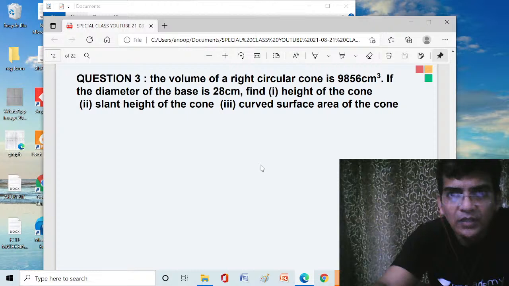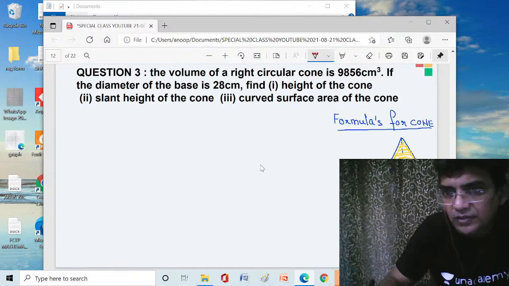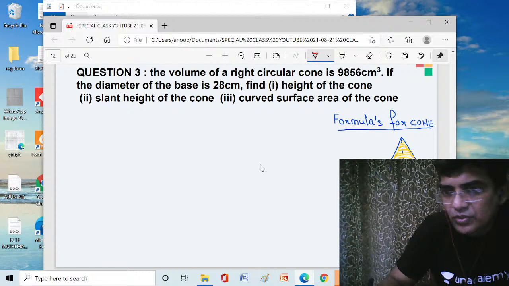And this one is the circular surface. So altogether a cone has two surfaces, one circular and one curved.